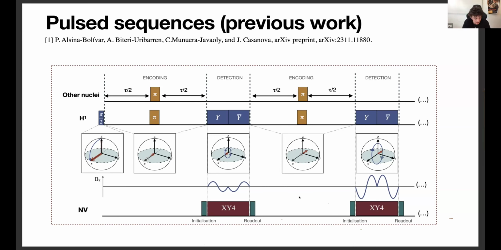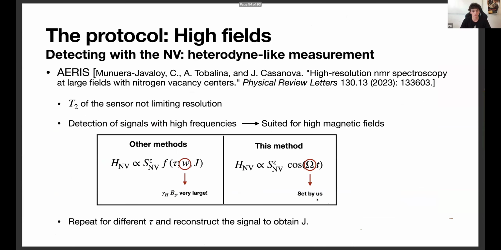Yeah, usually high field in this context is, well, for example, for the simulations that I showed at the end of the talk, we consider 2 Teslas. But in the context of, for example, NV ensembles and the problems that I explained, I think that from 0.1 Tesla to 0.5 Tesla, you already have problems with that measuring thing if you don't use this kind of measurements that they introduced in this paper.